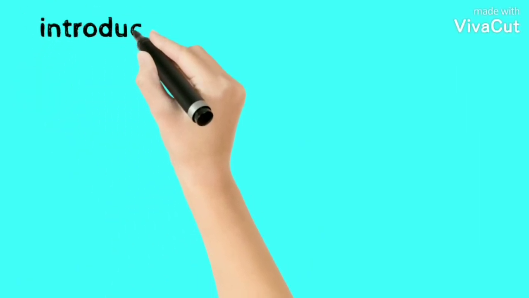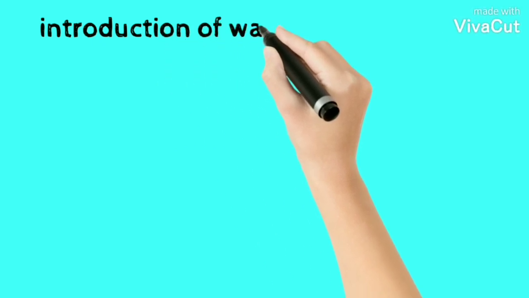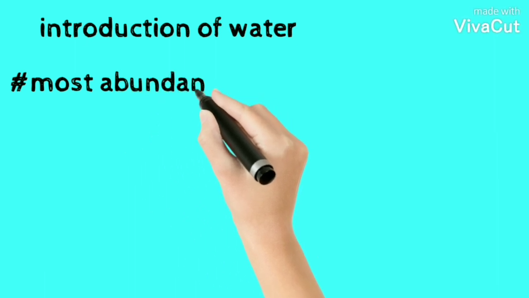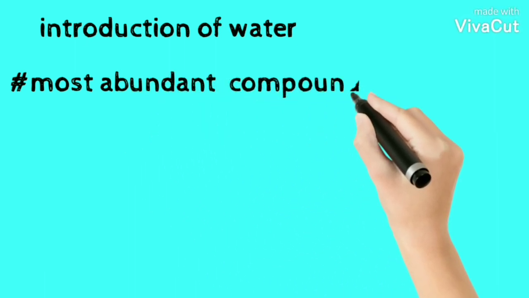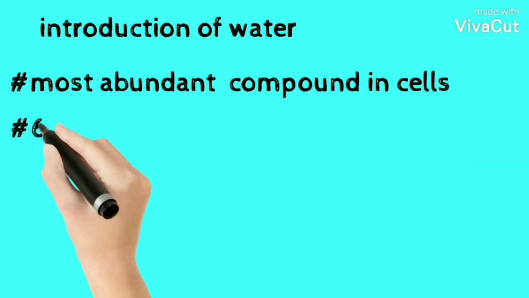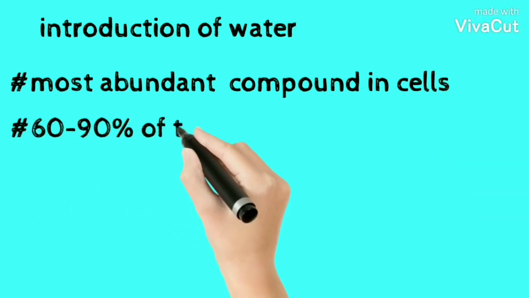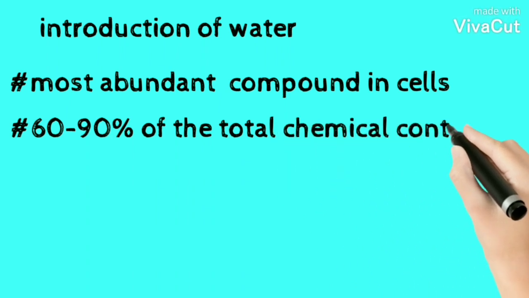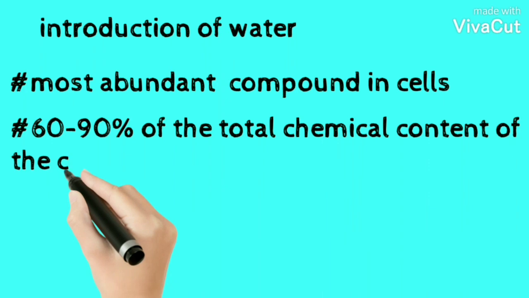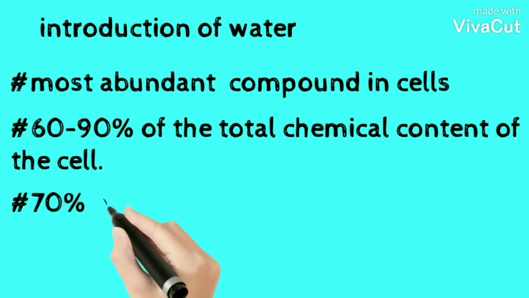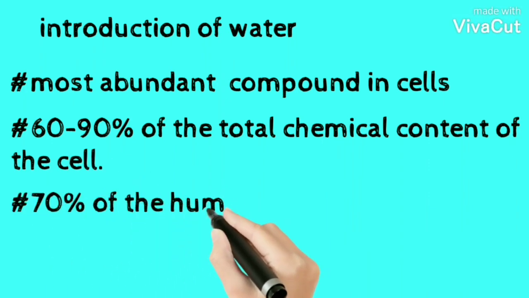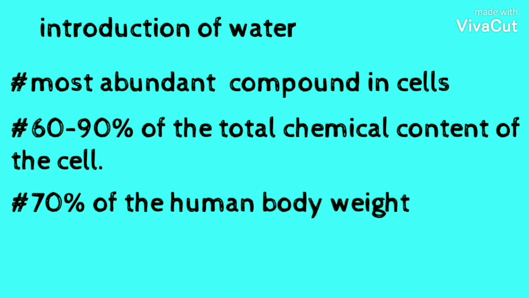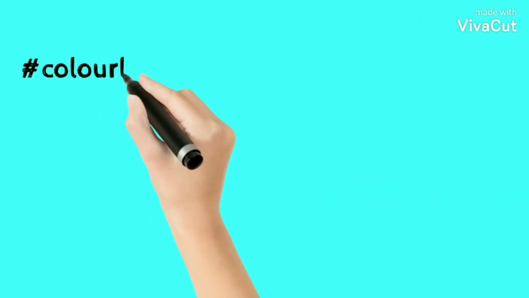The introduction of the water. First, water is the most abundant compound in the cell. 2. 60 to 90% of the total chemical content of the cell is made from water. 3. 70% of the human body weight is made from water. 4.